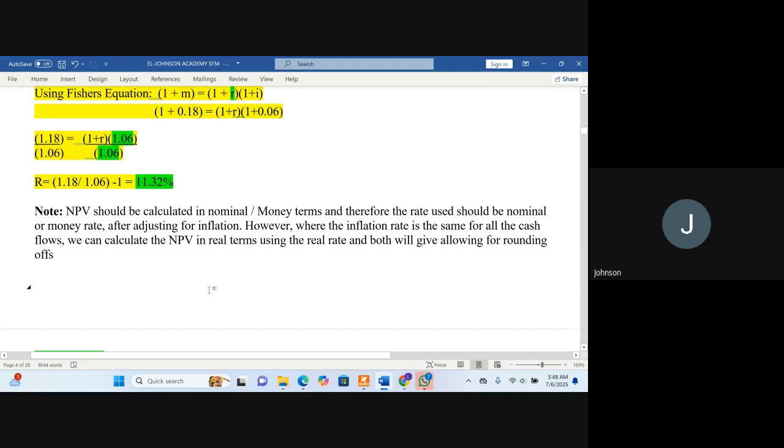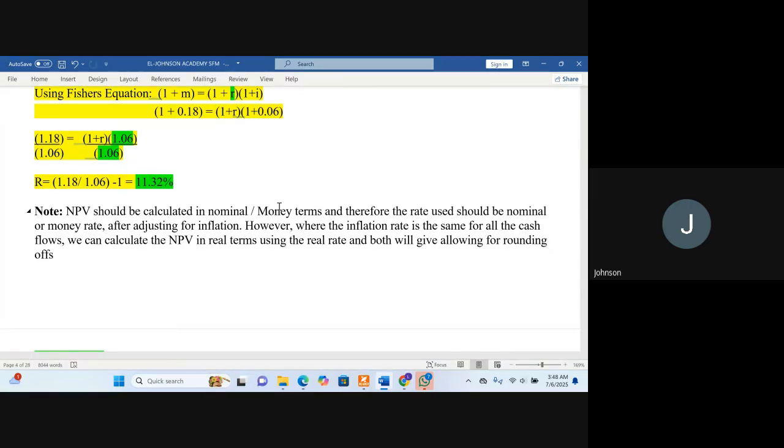So what they are saying now is that in a situation whereby they give you in your question, they say normally your NPV should always be calculated in money terms. That means that the cost of capital you have to use should be the money cost of capital, and also the cash flows that you have should be the inflated cash flows.